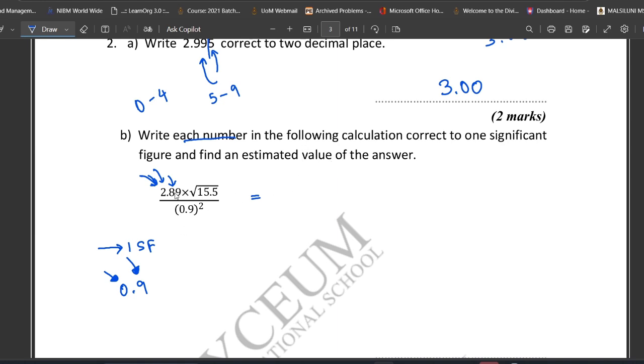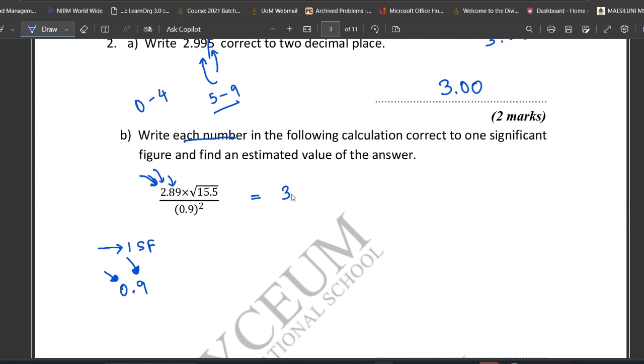So if we get the first significant figure value to 2.89, it should be 3, because the same thing as before, similar to decimal places, we have to check the second significant figure also. If it is between 5 to 9, we have to add 1 to the previous significant figure.